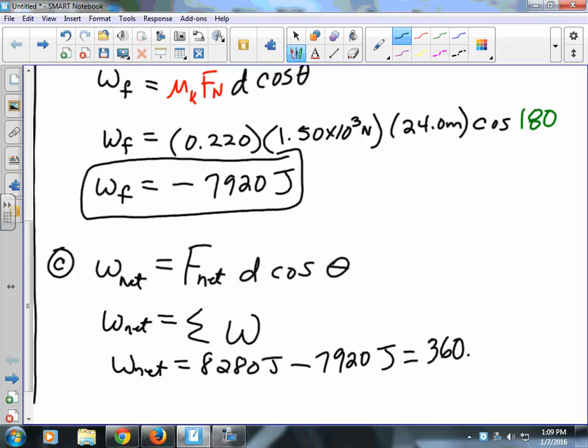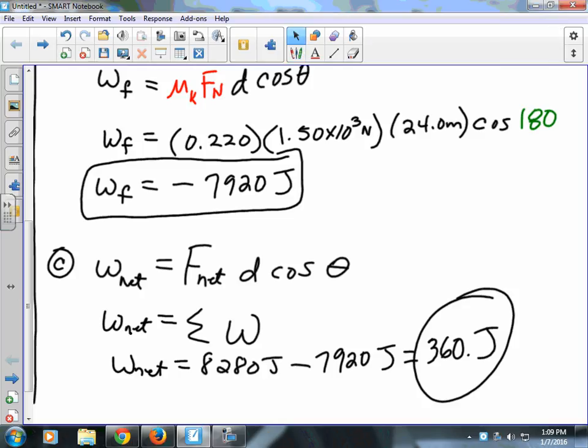Both of these end in the ones place, so this has to end in the ones place, so that's why we stick the decimal there, okay? Unit is joules. So positive work was done. Not much, but that's why we moved in that direction. Okay, so that's number 3.